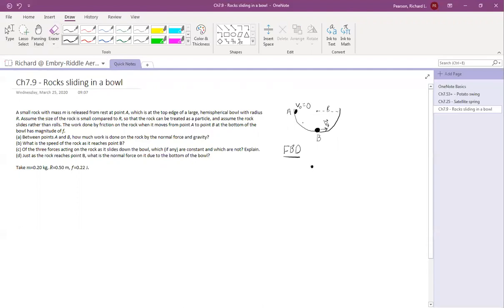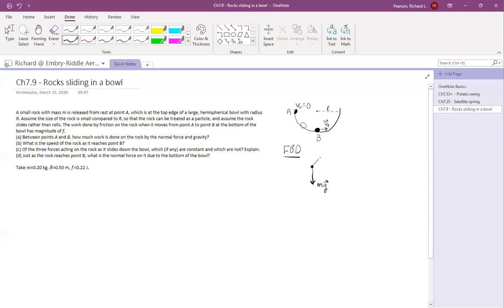At some point between A and B, we have the rock moving, right? It's accelerating because of gravity. So we have gravity acting down. So we'll call that our mg, where m is the mass of the rock and g is our acceleration due to gravity.